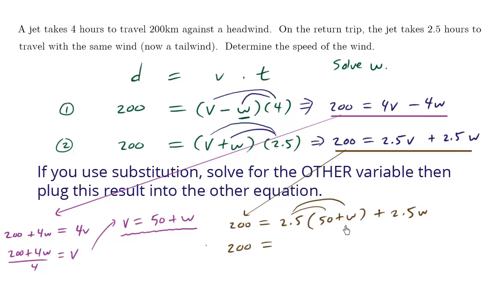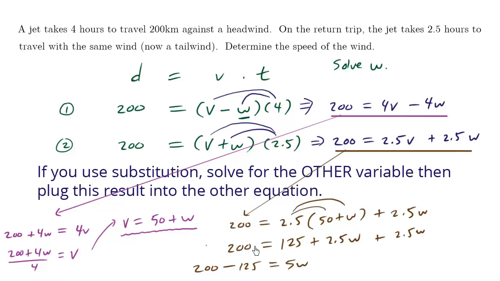We're going to use distribution here. 2.5 times 50 is 125, plus 2.5w, plus, we're just going to copy this down here, 2.5w. So what we get here is 2.5 plus 2.5 is 5w equals 200 minus 125.